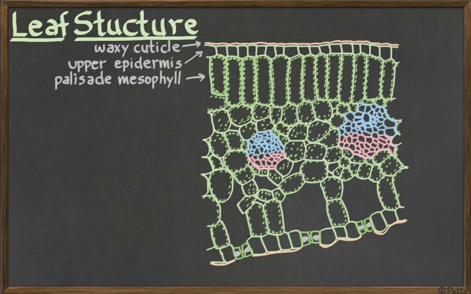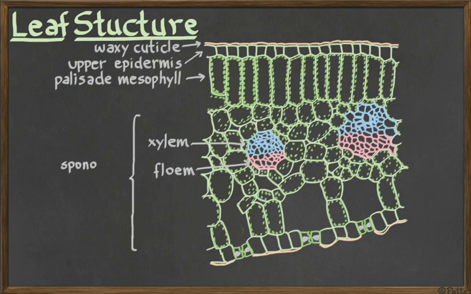That's why this is called palisade, because it looks like a bunch of sandbags stacked one beside the other. Below this, in the middle, in blue in this case, is the top vessel, which is the xylem. And we have the bottom vessels, which is going to be the phloem. They are immersed in a spongy mesophyll because it looks like a sponge.